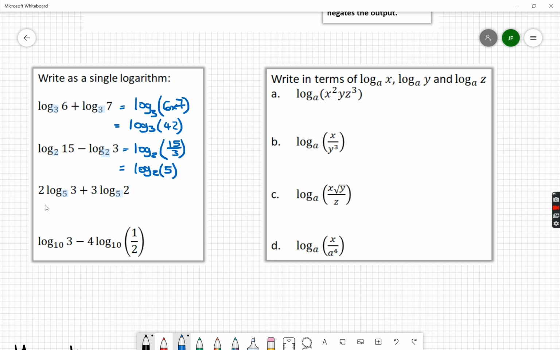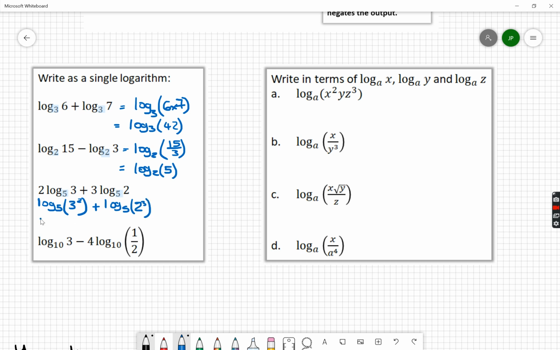So 2 log base 5 of 3 can become log base 5 of 3 squared. The 2 becomes the power inside. The same with the next one can become log base 5 of 2 cubed. So I can write them out. I'm just going to change where I've put this simply so that it matches a bit better.